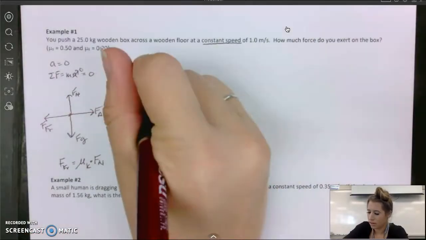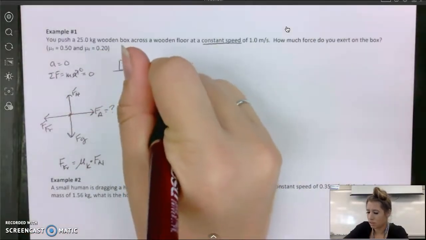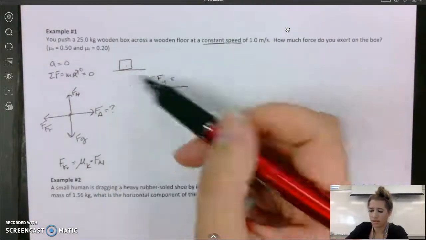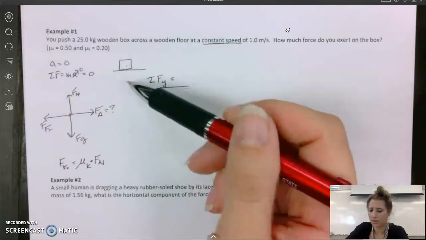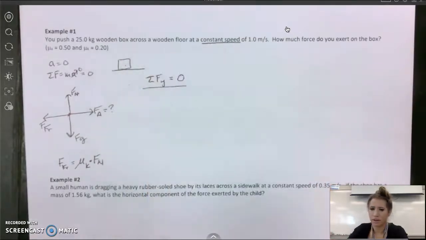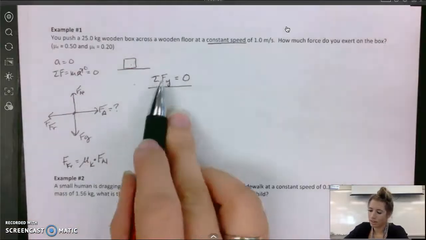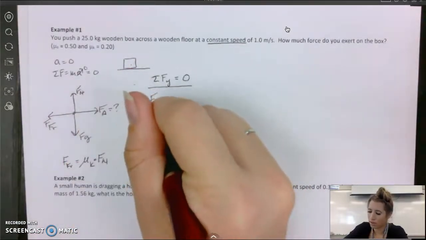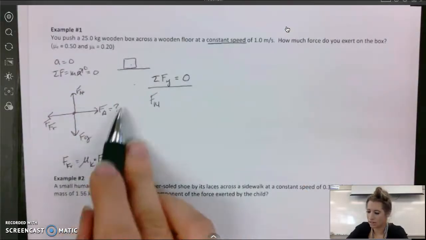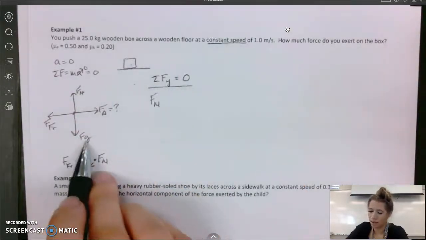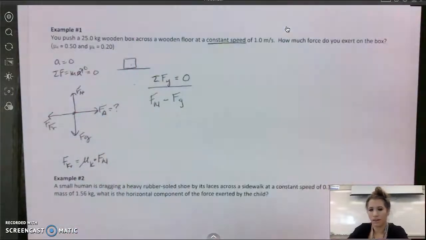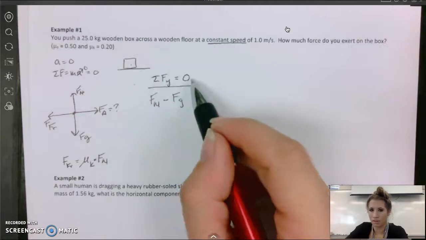So let's start there. Let's look at the sum of the forces specifically in the y direction, not in the x for the moment. The box isn't lifting off the table or sinking into the ground, so the sum of the forces in the y direction is 0. Now let's list those forces. We have a positive normal force, and because this is a sum, we add that to the negative force due to gravity. All of that equals 0.